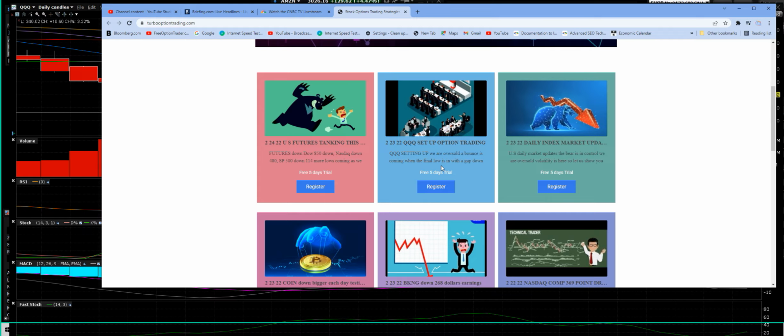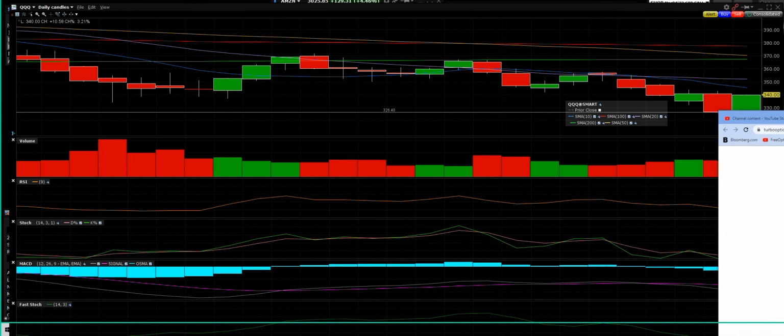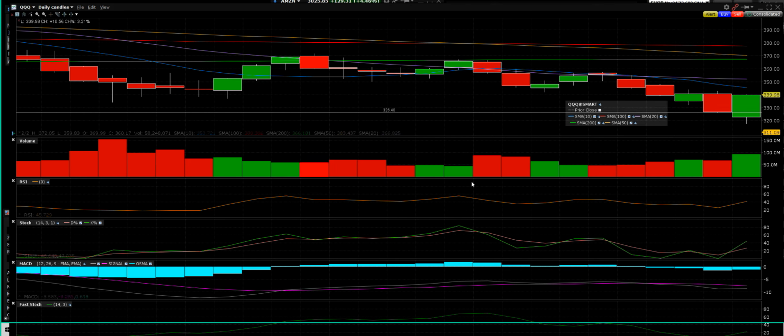A final low is in with the gap down, and we got the gap down. It tells you right there. The gap down happened this morning. This was done yesterday. When we get the final low is in with a gap down within a gap down, and we got that this morning, it's right there on turbo option trading.